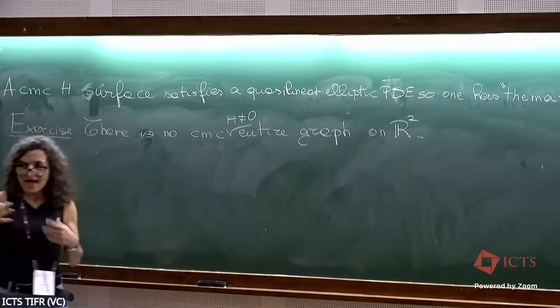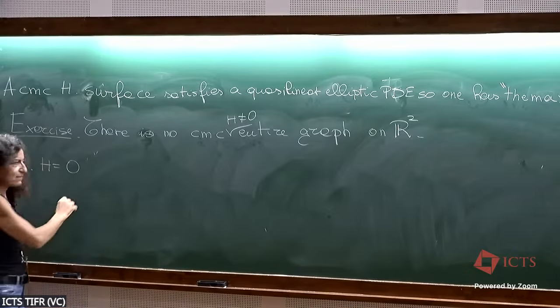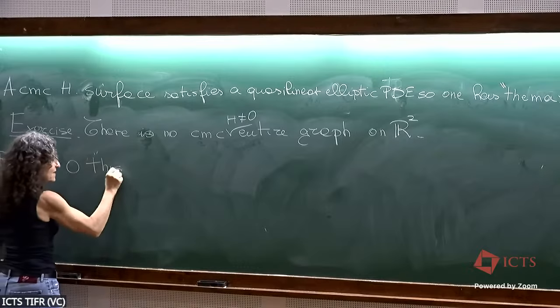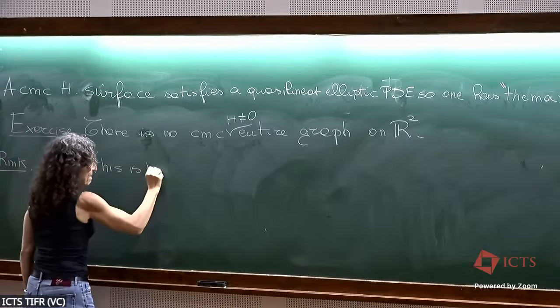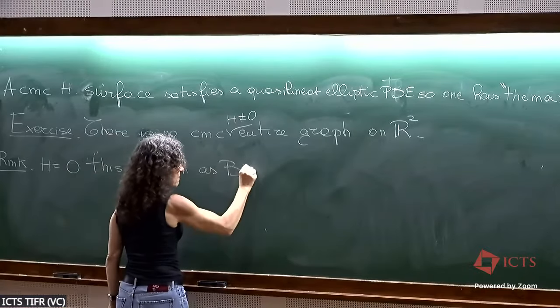Okay, why? Now this one we are going to prove very quickly. Just a remark: if H is equal to 0, this is a big theorem, known as the Bernstein theorem.